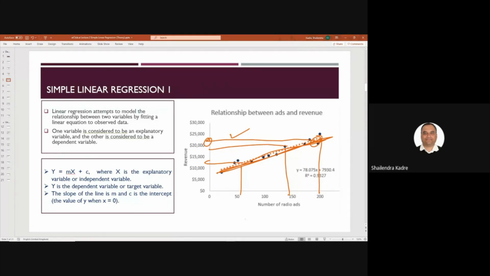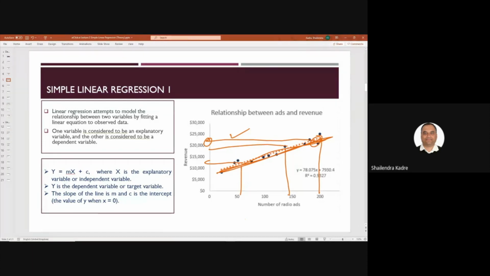So in machine learning language, we have fitted a regression line for the samples of historical data we had, the relationship between number of ads and revenue. On that data, we have fitted a regression line.